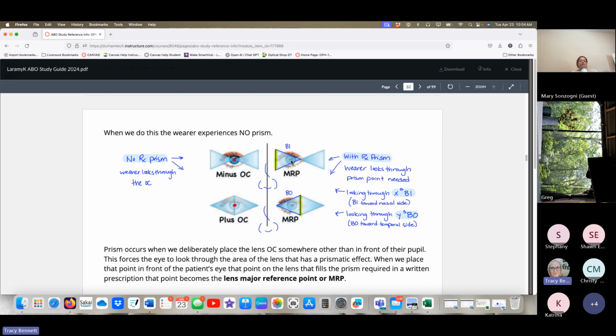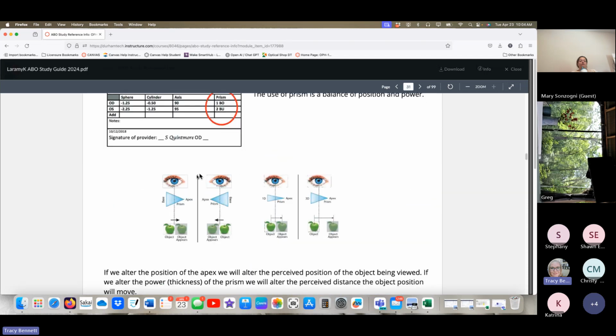This shouldn't be like this. It's base out if the nose is over here. It's base in if this is just the right eye or the left eye, right eye, left eye. So that's how I drew over top of it, because the other diagrams were, oh, and then he switches them up here.